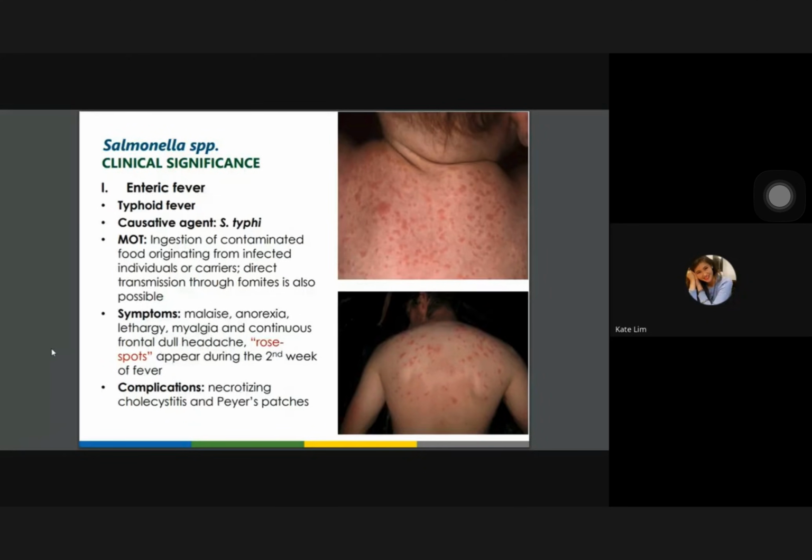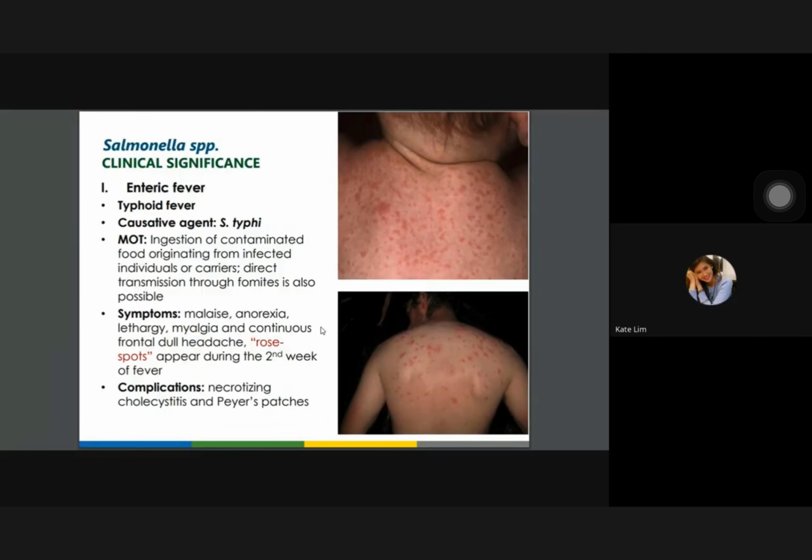Aside from the usual tiredness, malaise, myalgia, and lethargy, you feel very tired, you have no appetite, and you experience muscle aches everywhere. You also have a persistent headache. Those are symptoms of a systemic infection.